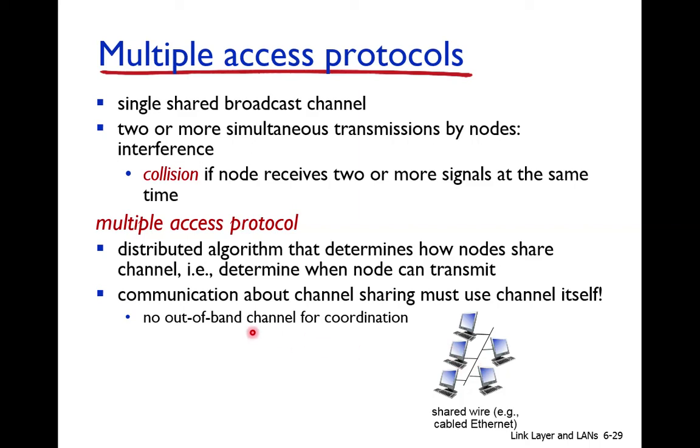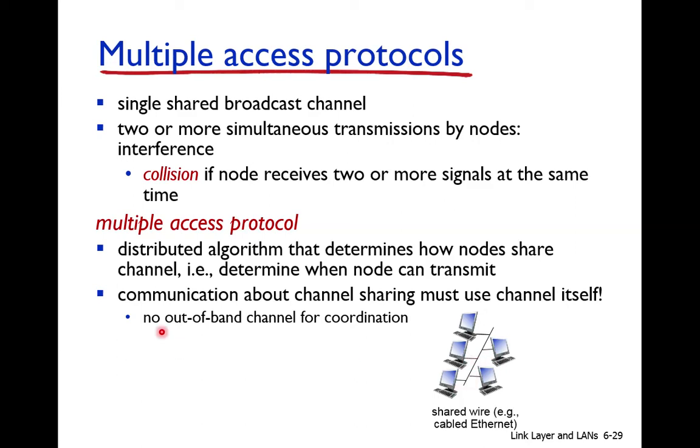For this purpose we use the same link, the same channel. It is used both for transmission of data, and it is also used by these nodes to talk for the multiple access protocol. That is, these nodes will communicate with each other so that if one node is transmitting data, then the others will not.